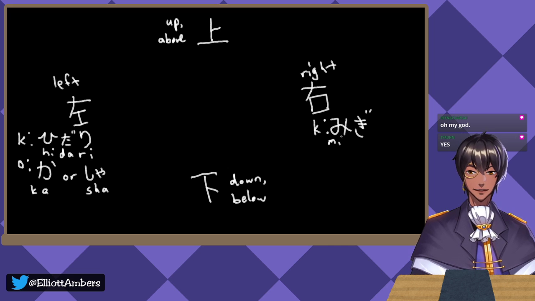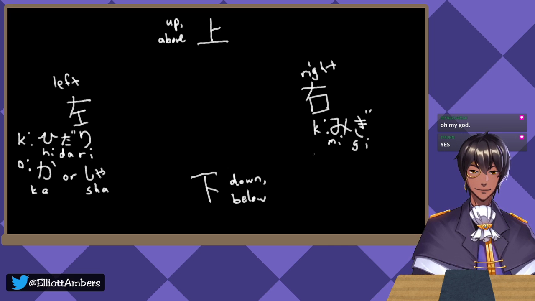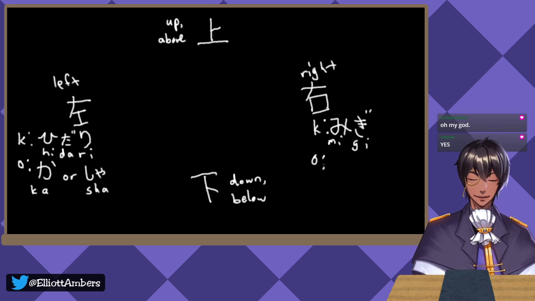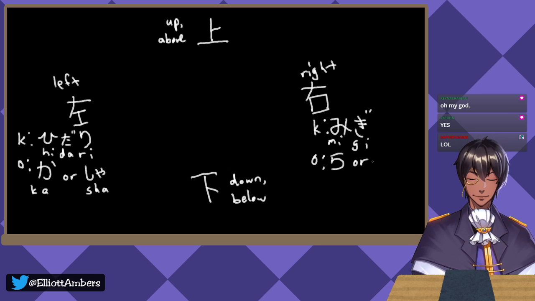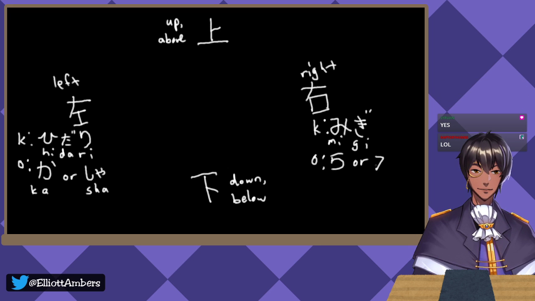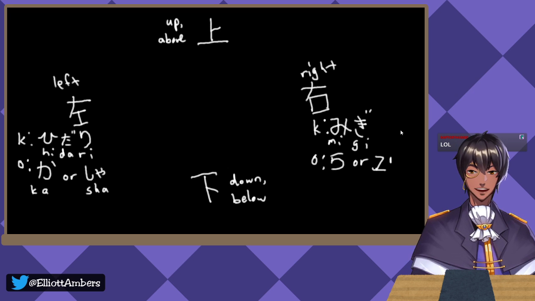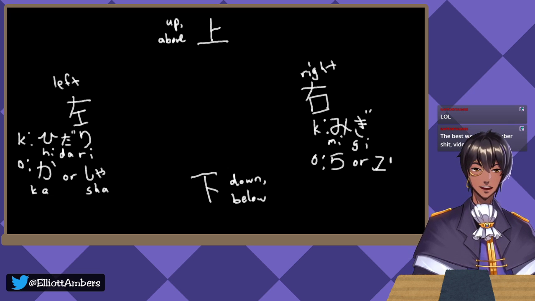That's migi. And the Onyomi reading is u, or yu. Jisho writes all the Onyomi out in katakana, so it's throwing me off when I try to write it in hiragana.